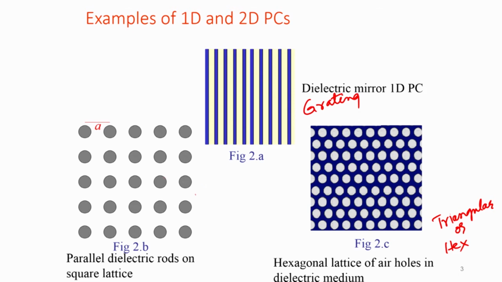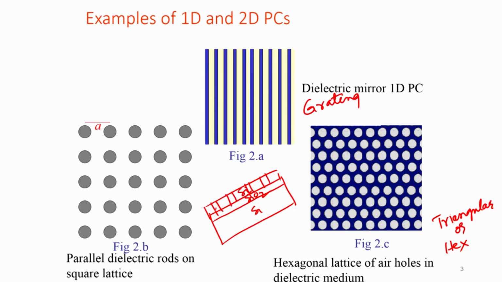You have a silicon wafer with an oxide or so, and on top of it you can have one more silicon layer, and in this silicon layer you can either create holes or rods.